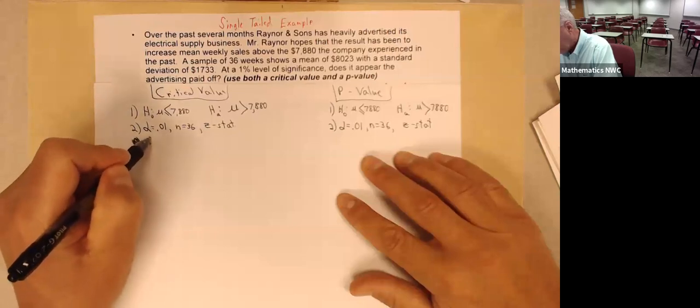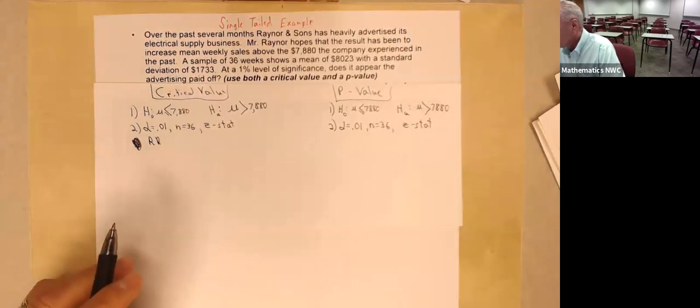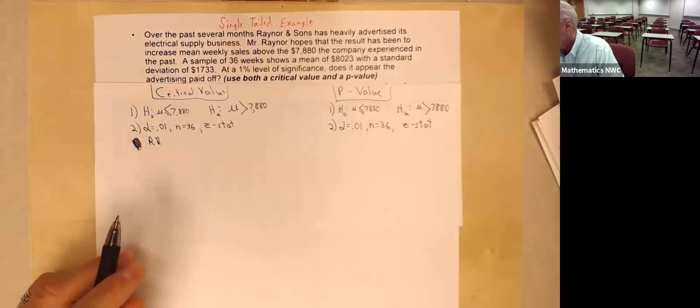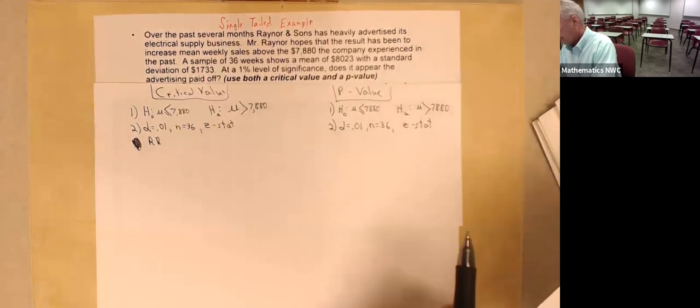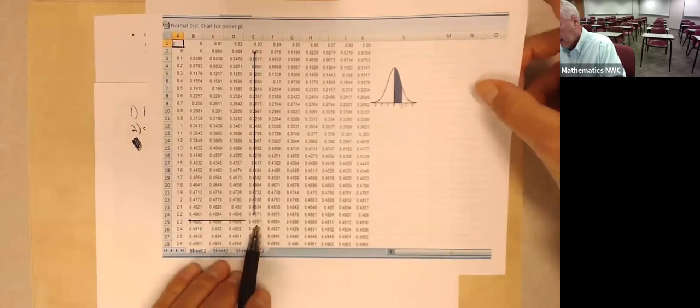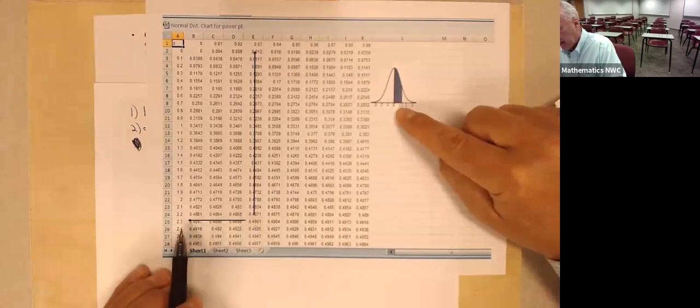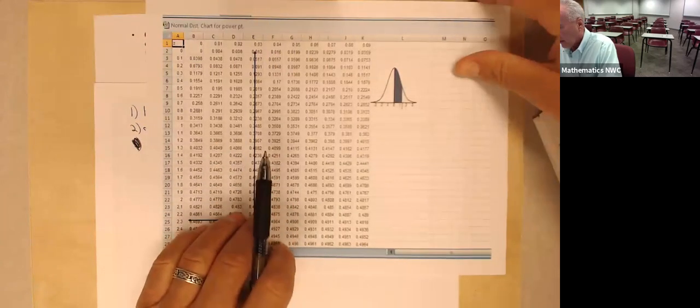I've got to first get my rejection region. That rejection region, you remember, for 1%, it means that my from the middle out section is 49%. That means that that z-score, that line in the sand, is 2.33.